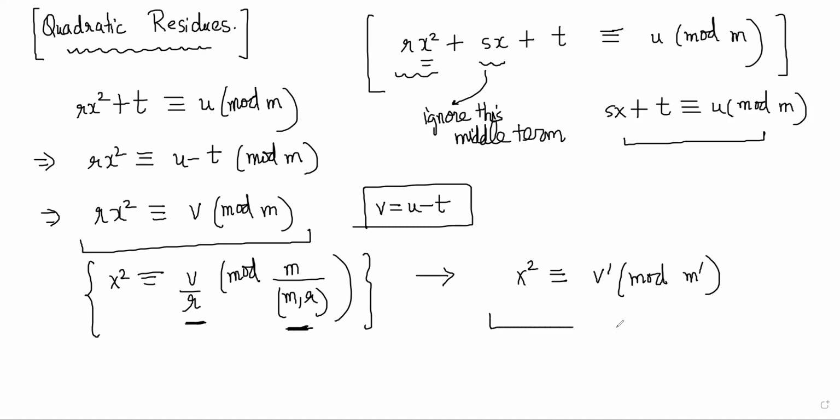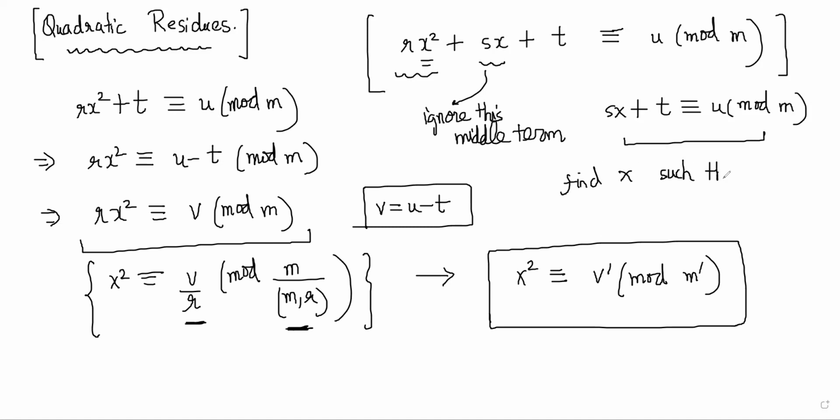So technically, we are trying to solve a congruence of this form: x square is congruent to v dash mod m dash. Now, the problem is basically find x such that x square is congruent to v dash mod m dash. That is the idea.